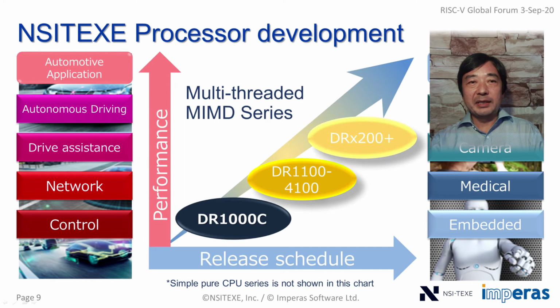We already released a multi-thread parallel processor called DR1000C, which is based on the RISC-V architecture with vector extension. I will explain more detail later. It is targeted to real-time control areas like a powertrain ECU.